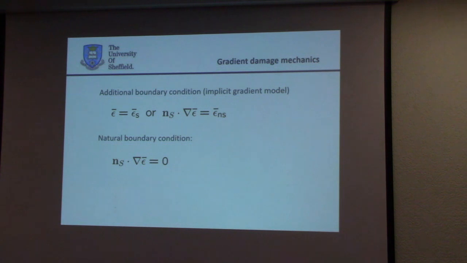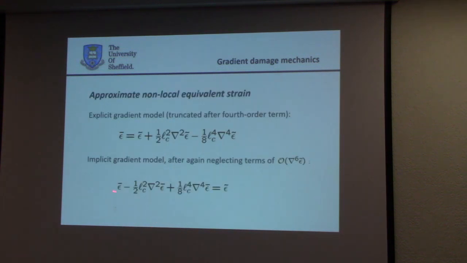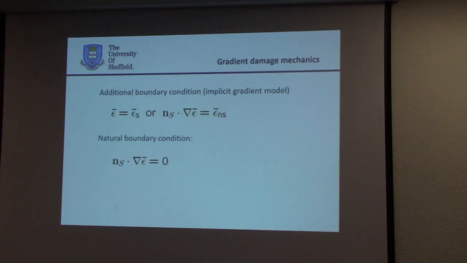For instance, in this gradient model, we also have to impose something for this epsilon bar on the boundary. So we either have to prescribe it, or we have to assume a natural boundary condition.